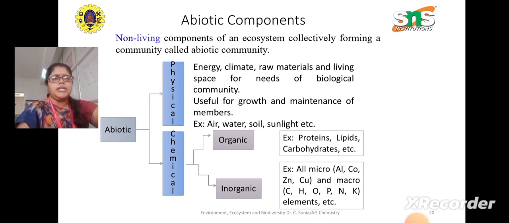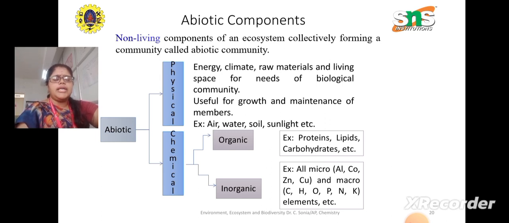In the abiotic component, there are different types, physical and chemical. Abiotic is nothing but the non-living component of the ecosystem. These physical systems are energy, climate, raw materials and living space for the needs of the biological community, useful for the growth and maintenance of its members. For example, air, water, soil, sunlight, etc. The next classification is chemical, which constitutes organic and inorganic.